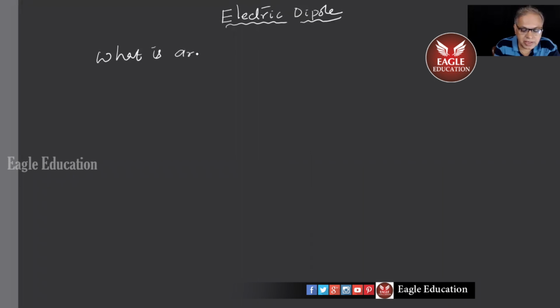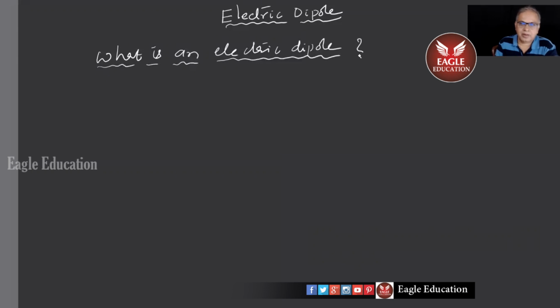What is an electric dipole? In a simple sense, it is a plus Q and a minus Q. That means the charges must be same but of opposite nature, placed at some distance from each other. This particular unit is what we call a dipole.